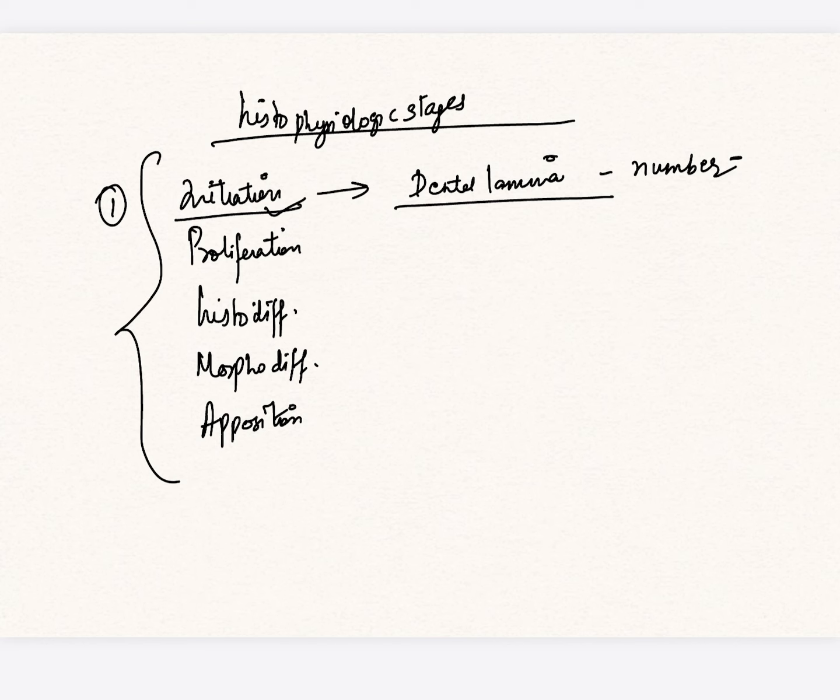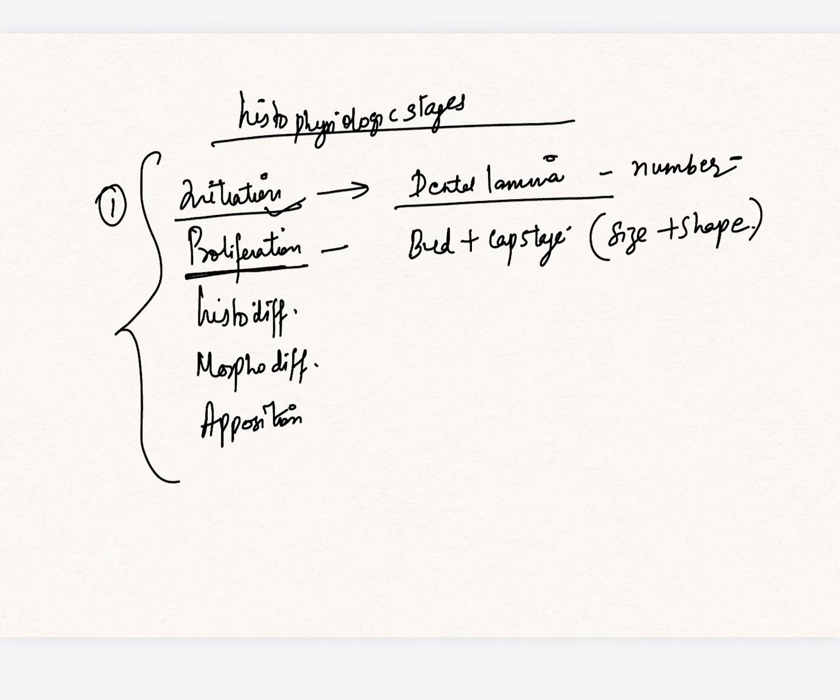Then the second stage is proliferation. Proliferation stage occurs in bud and cap stage. So when the tooth development goes in bud and cap stage, any disturbance will lead to disturbance in size and shape. As the name suggests, proliferation, if there is any disturbance, then it will lead to a difference in size and shape.